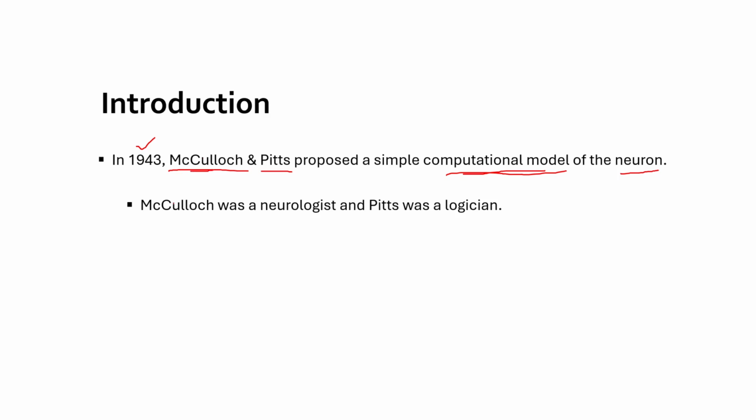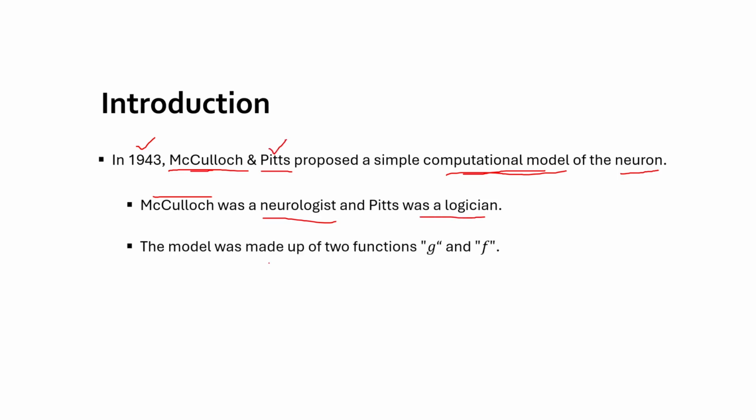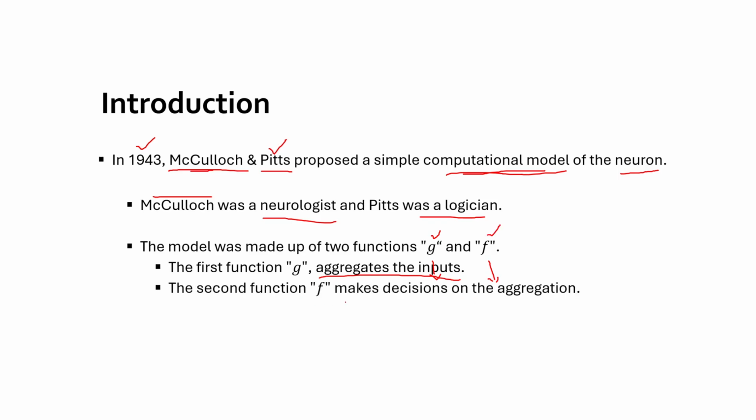McCulloch was a neurologist and Pitts was a logician. The model they developed was made up of two functions, g and f, where the first function g performs aggregation on the received inputs, and the second function f makes the decision on the aggregation done by g.